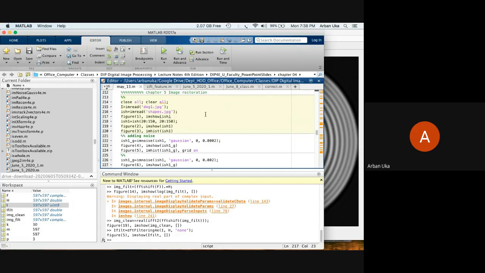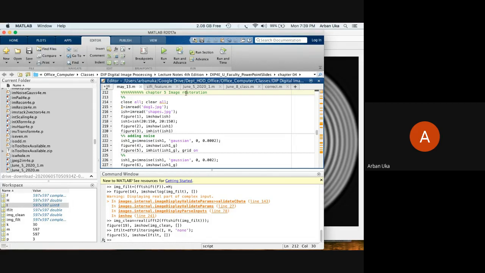This was more or less what we see in chapter 4, which was the analysis in the Fourier domain. But as we said, we have skipped some theoretical aspects, and we are just having a look at the implementation of the algorithms that we see here. Now, let's see some other examples from chapter 5.